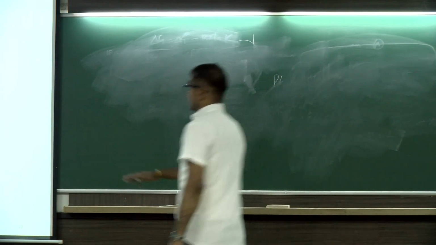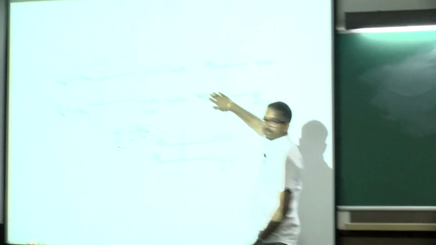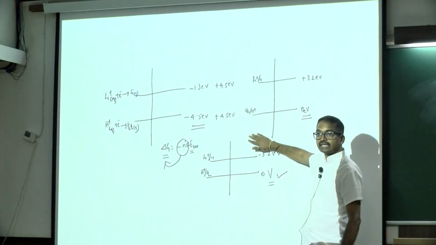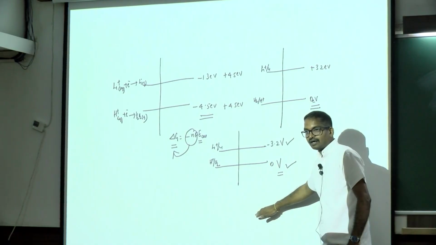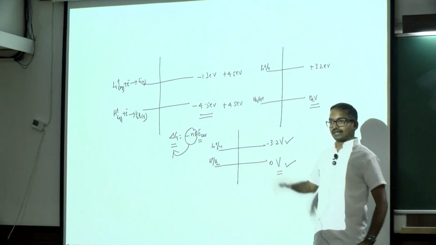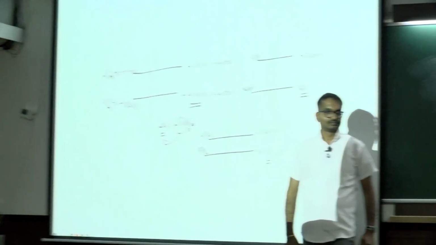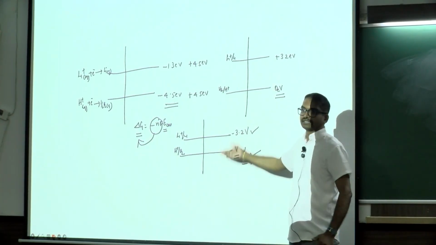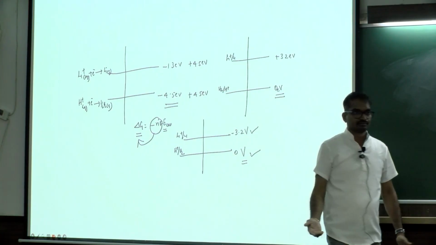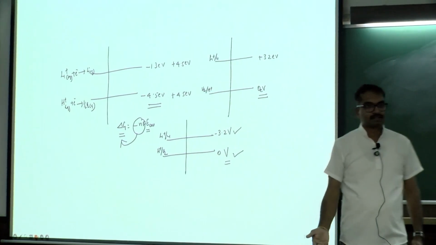That means in this table, whatever appears here are good reducing agents compared to hydrogen, and whatever appears here are good oxidizing agents compared to hydrogen. We can say which are reducing agents and which are oxidizing agents with respect to hydrogen.